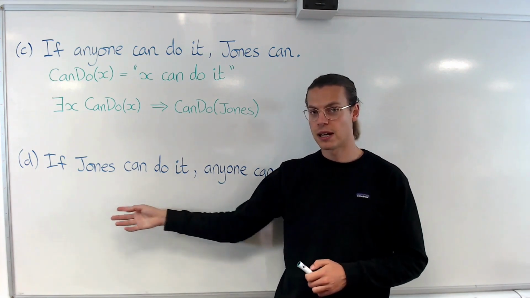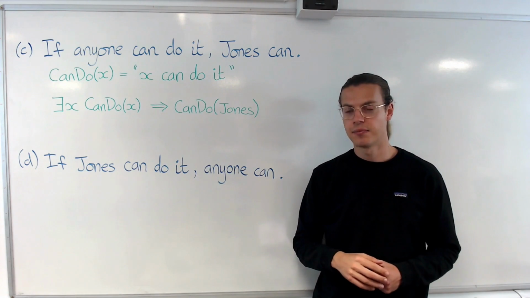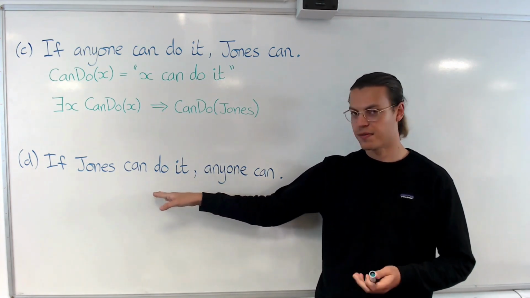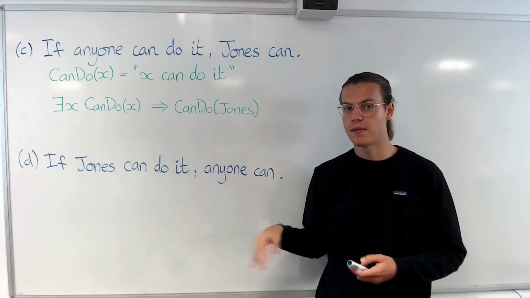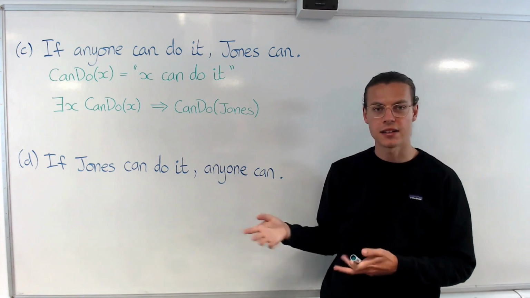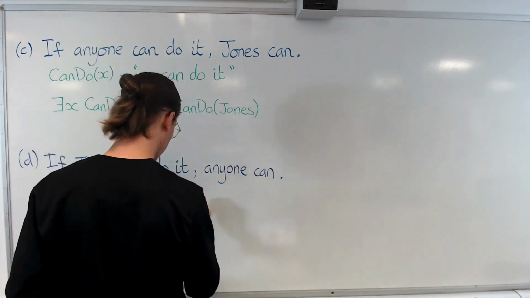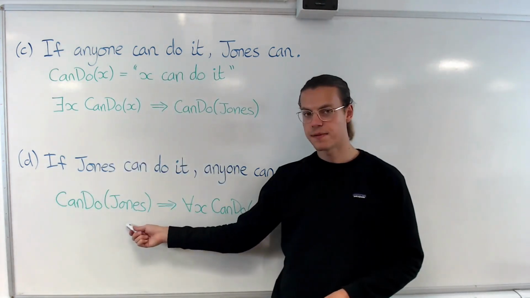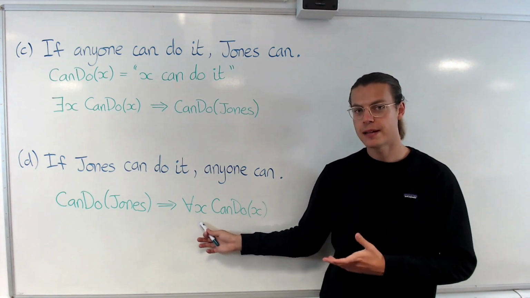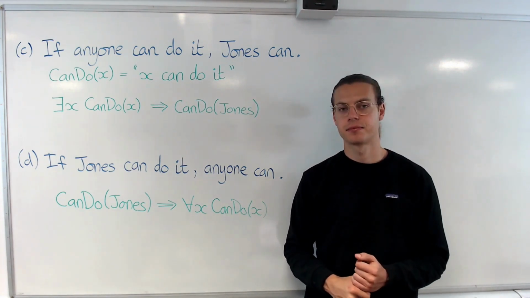If Jones can do it, then anyone can do it. This time we mean that if Jones can do it, then for any person, x say, x can do it. If Jones can do it, then for any person x, x can do it. And we're done.